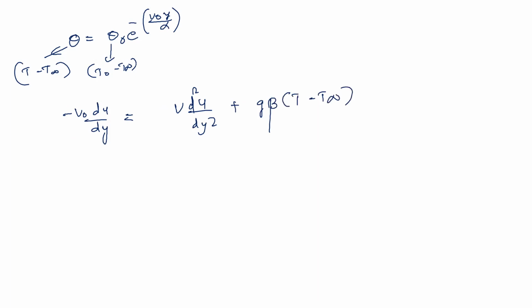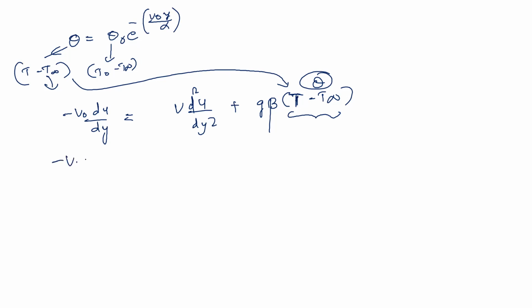So now we have T minus T infinity, this theta, right? So please note, why did we use theta notation? Because here it is T minus T infinity. So always in natural convection, the driving force is the temperature difference.